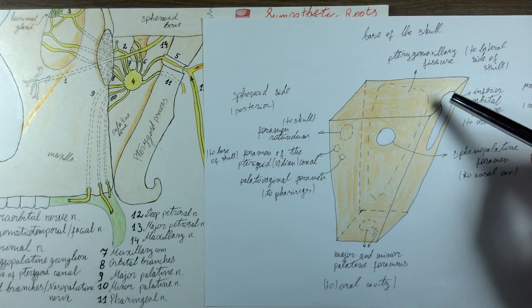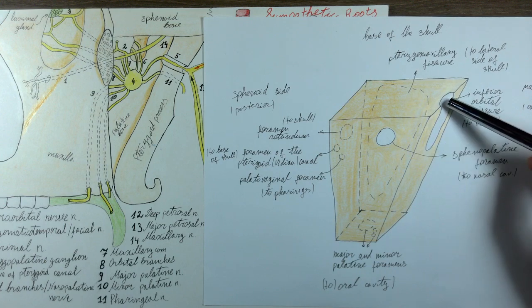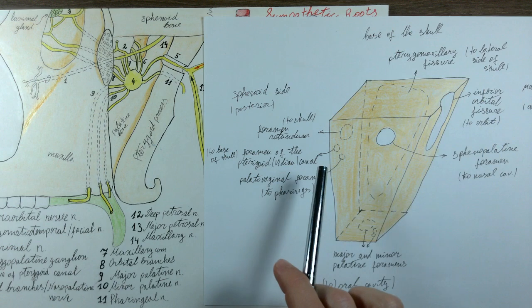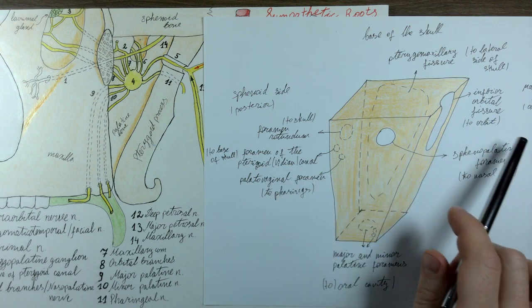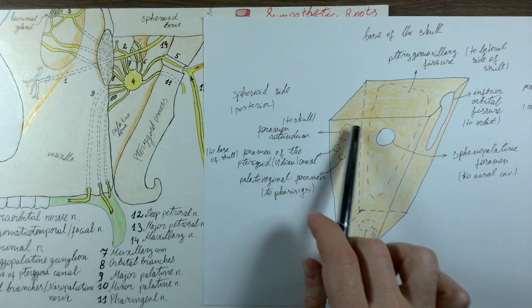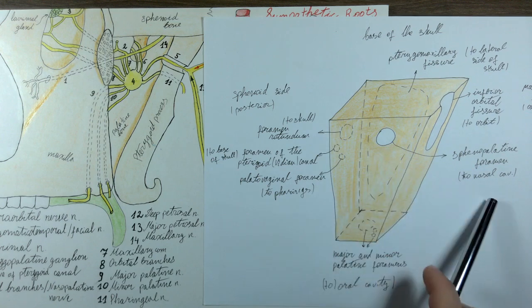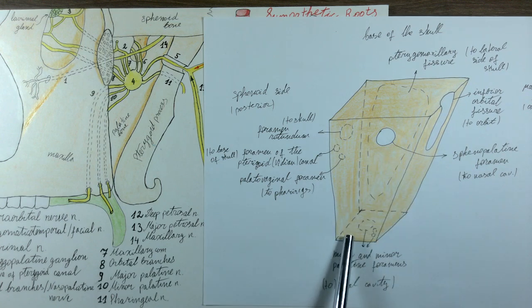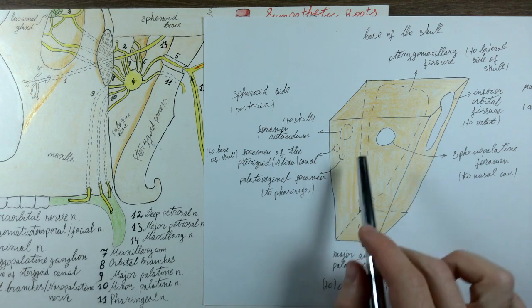And these openings are the infraorbital foramen, which is on the anterior wall, on the maxilla basically. On the back wall you have a foramen which connects to the orbit, of course. On the medial wall you have the sphenopalatine foramen going to the nose. At the tip here you have the major and minor palatine foramens, which go, of course, to the oral cavity, to the roof of the oral cavity, soft and hard palate.